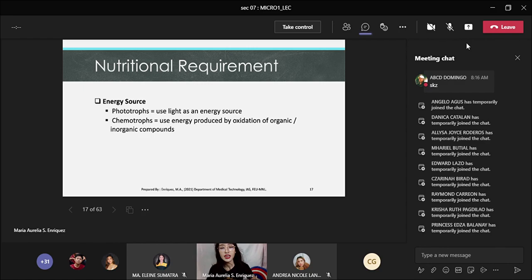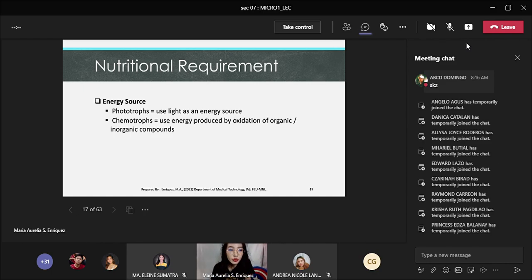On the other hand, there are some bacteria that rely on chemical reactions known as oxidation. So kumukuha sila ng energy from the oxidation of either organic or inorganic compounds, and we call them chemotrophs. So same lang din po sila nung chemolithotrophs. Ayan. Those two terms may be used interchangeably.